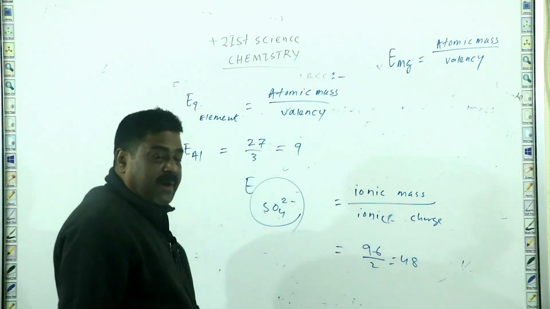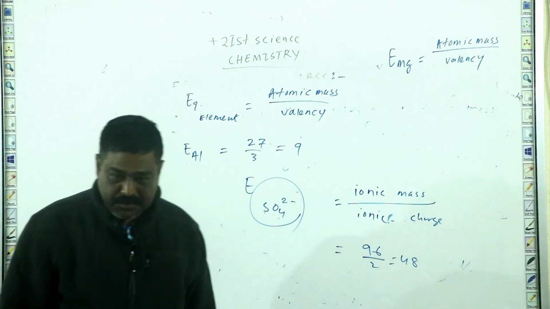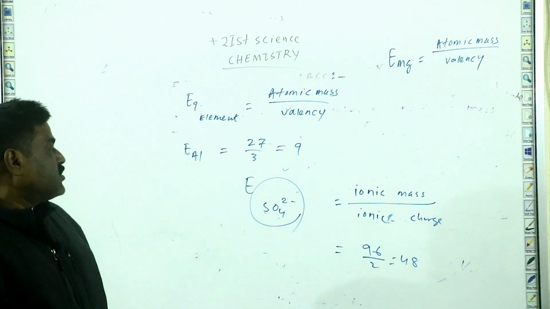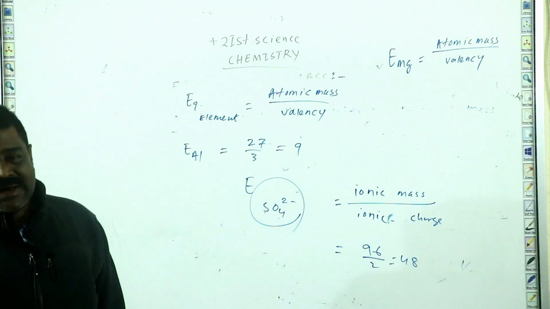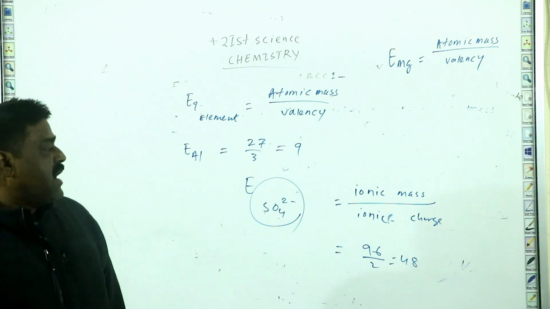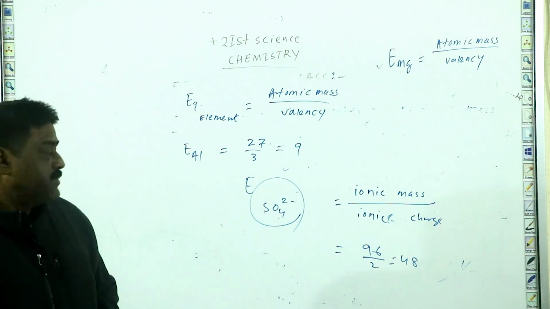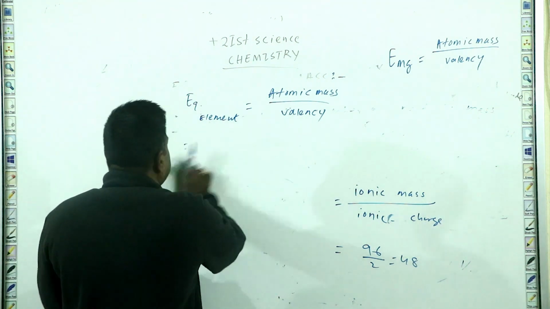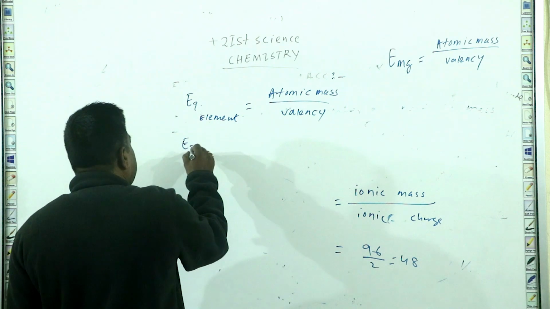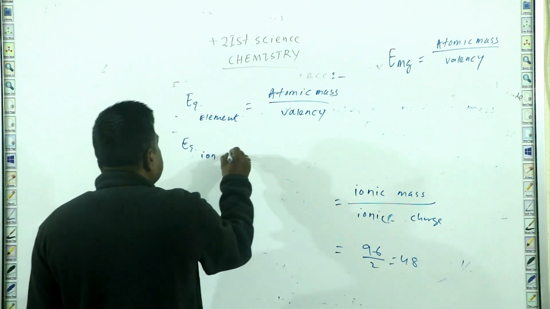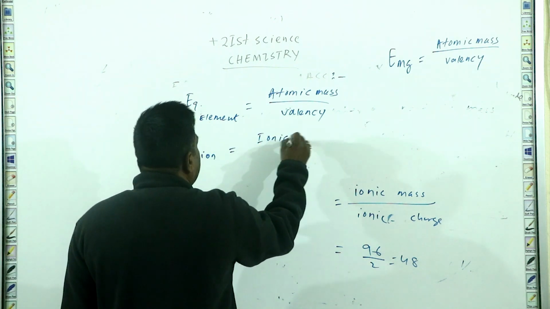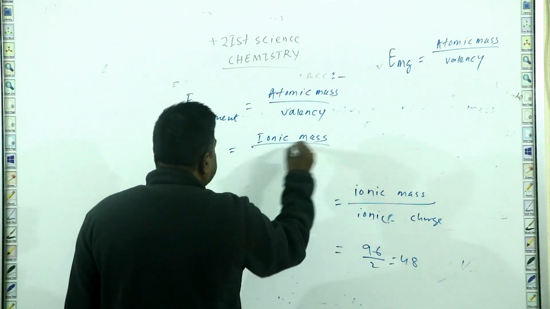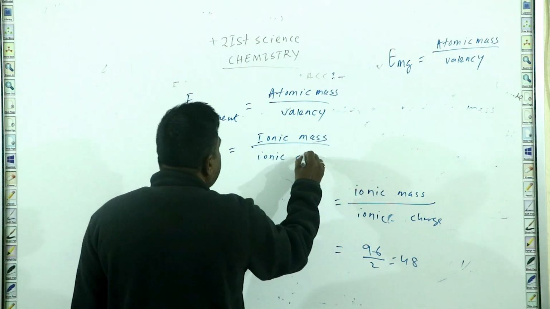So remember, the equivalent mass of any ion is the ionic mass by ionic charge.